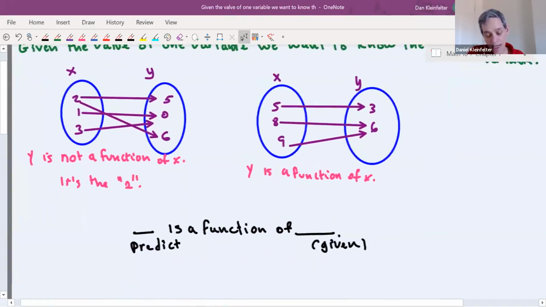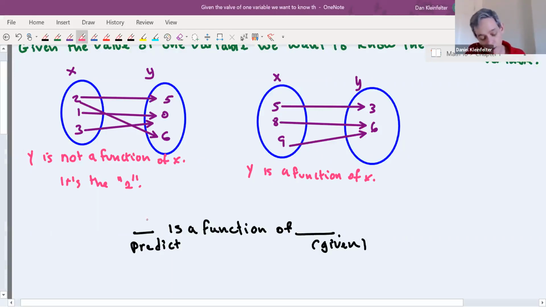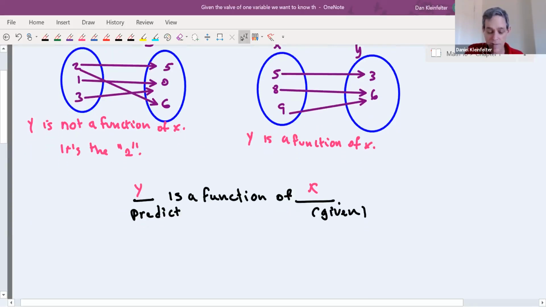So one way to keep this straight, especially if other variable names are used, is to think in terms of what variable you're given and which variable you're predicting based on that variable. If you want to say y is a function of x, whichever variable comes after the "of," basically the object of the preposition if you're a language person, would be the variable that you are given, okay?